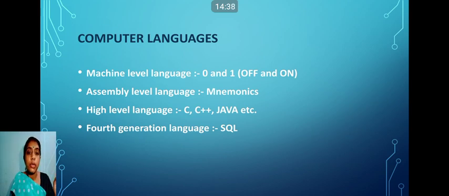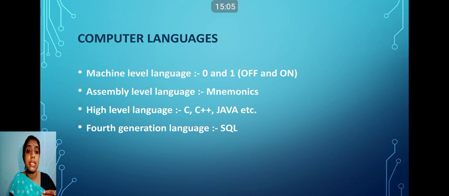For that you can directly write ADD. It becomes quite easy, but then too you have to remember many points and many codes. It's easier than machine level language, but then too, it's a lengthy process and difficult to understand.